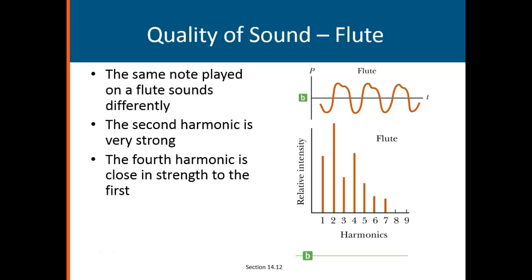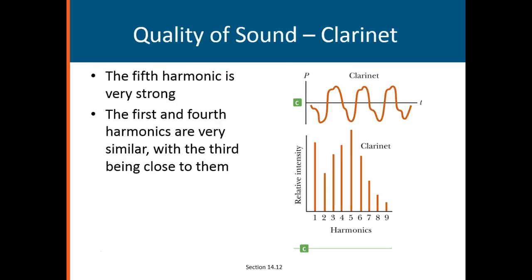Now let's do something else. Here is a clarinet. A clarinet is a reed instrument, and I guess it's sort of open on both ends, kind of. I don't know. Maybe this end is considered closed too. On the clarinet, look at where your strength is, way up here at the fifth harmonic. Stronger than the first, the fundamental frequency, but nothing else is as strong.